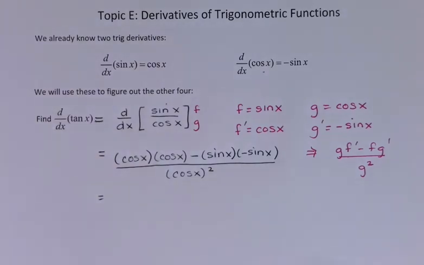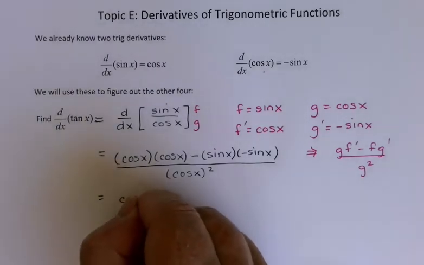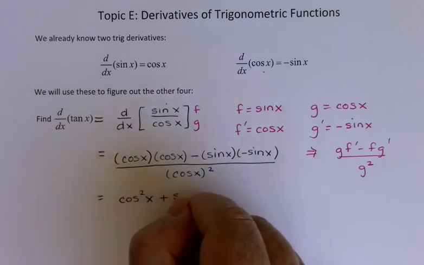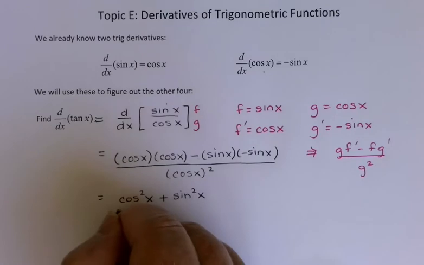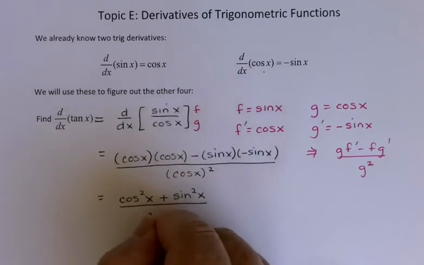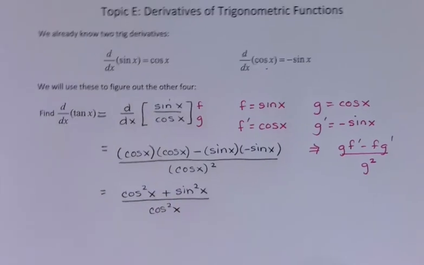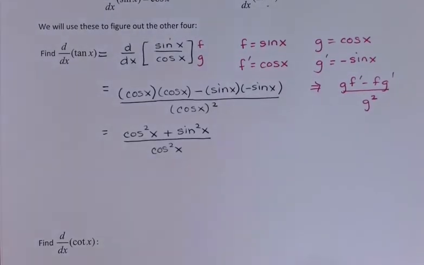All right. The numerator is actually cosine squared x minus a negative, so plus sine squared x, over cosine squared x. And this is one of our favorite trig identities, right? The basic Pythagorean identity. Cosine squared x plus sine squared x is 1.